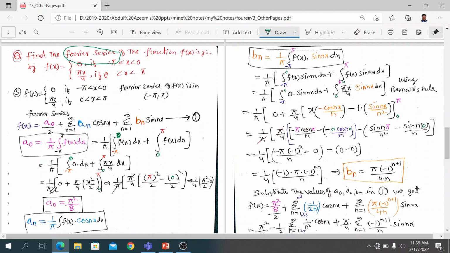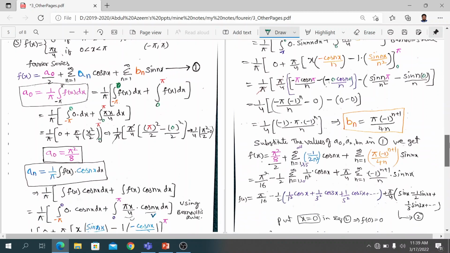Upper limit minus lower limit: pi square by 2 minus 0 square by 2. The pi cancels, 1 by 4 outside, pi square by 2 inside. So pi square by 4 into 2 is 8. This is our a naught value.